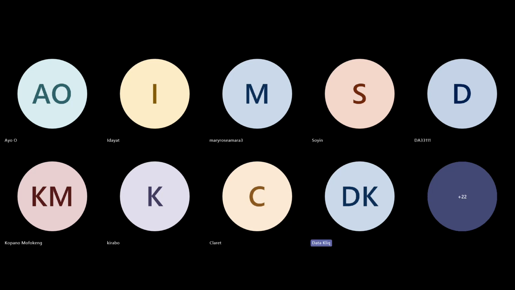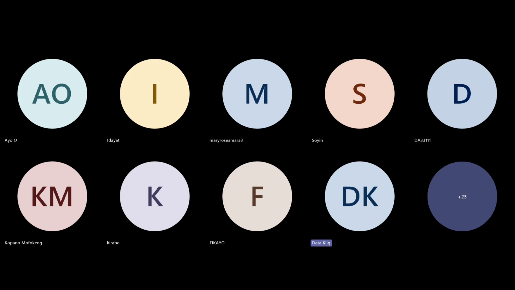So after data cleaning and every other thing, for your data visualization, the first step is usually wireframing. And what is wireframing? Let me share my screen so we can start.